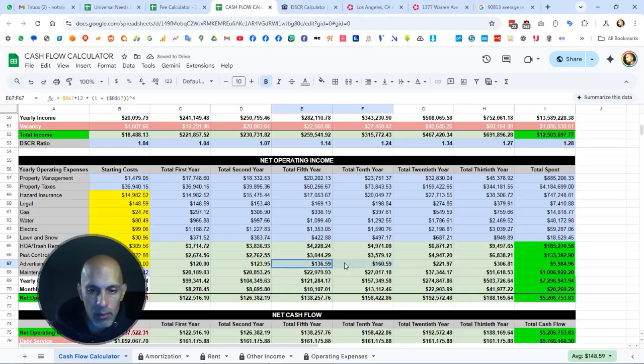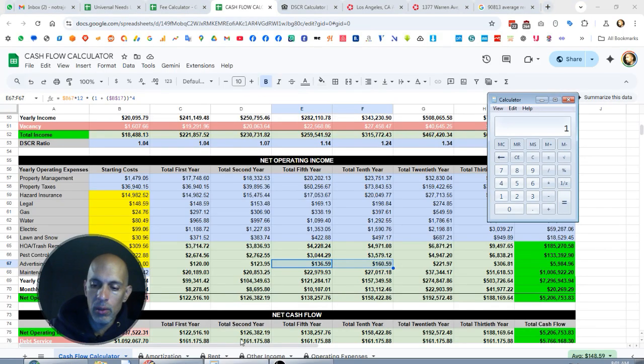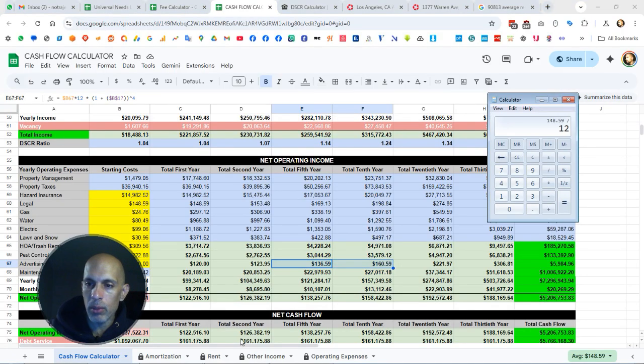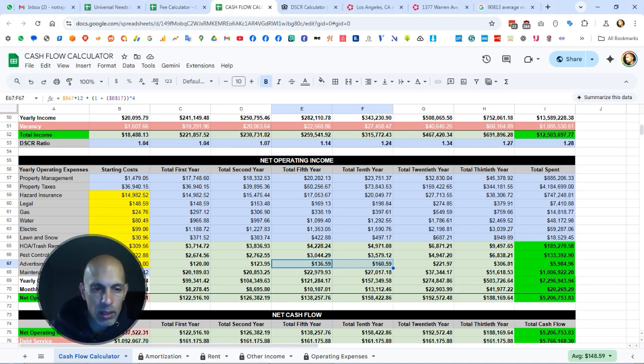And then advertising would be 148.59 divided by 12 is 12.38.